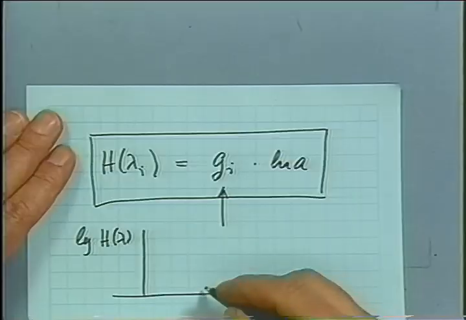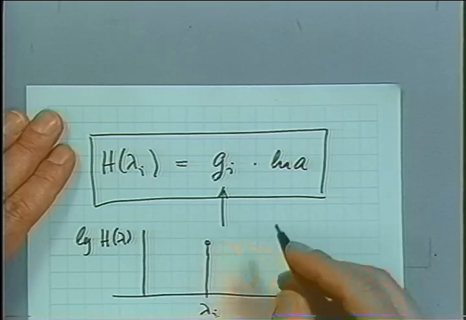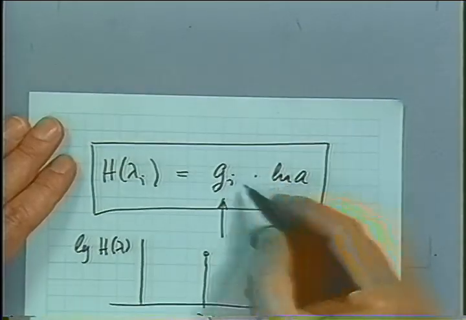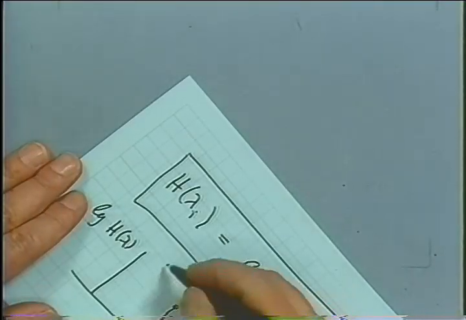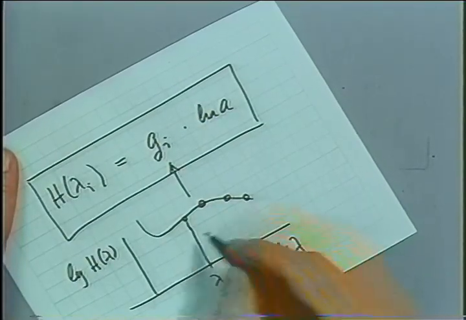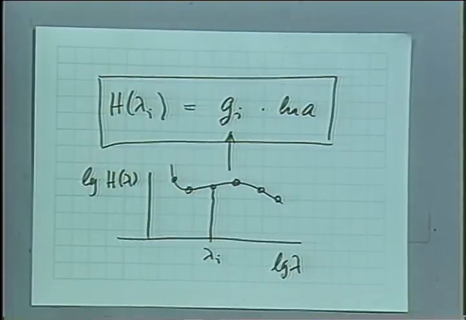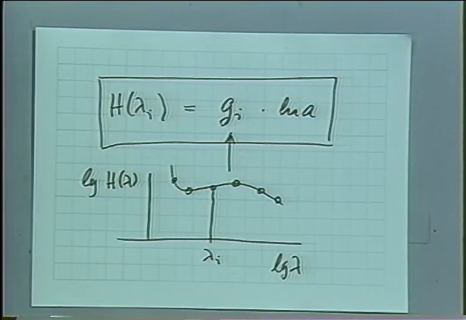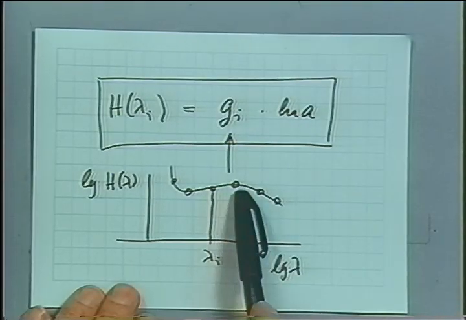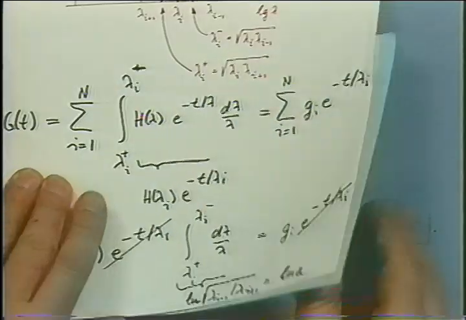We pick a certain value of lambda I, and then we write down g I times log A, and from that we will find our spectrum if we do this now for different points. So with that procedure, we will go back and forth between the discrete and the continuous writing, provided that the spacing is fairly small. If the spacing is very coarse, you will introduce an error, but that's natural. The question is, how close does the spacing have to be so that you still can get good data?